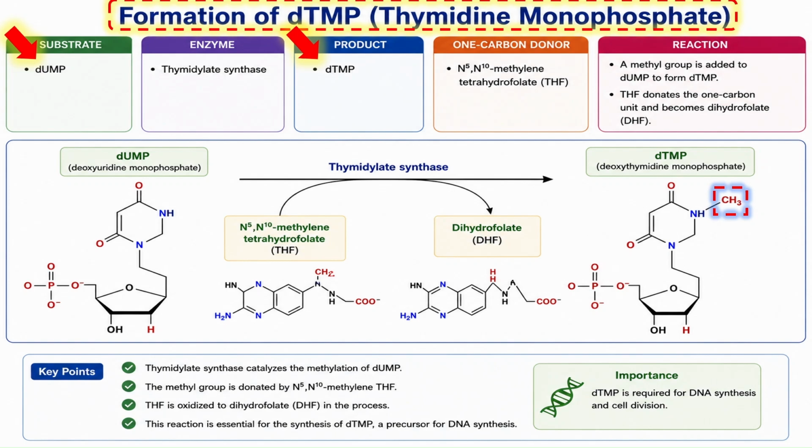The thymidylate synthase transfers this methyl group from the N5,N10-methylene tetrahydrofolate and dumps it onto the dUMP molecule, converting the uracil into thymine. The dTMP synthesis is a critical step because the thymidine nucleotides are required exclusively for DNA synthesis. So that is the importance of dTMP formation.